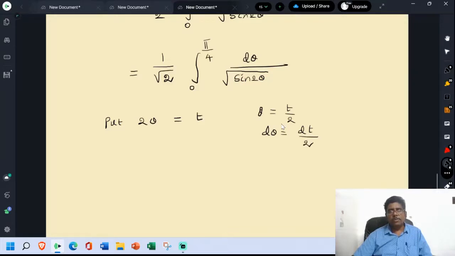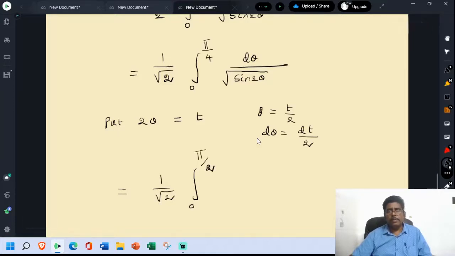If you express the quantities in terms of t equal to 2 times theta, therefore, 2 into pi by 4 is pi by 2. Upper limit is changed as pi by 2. Then, if you substitute these quantities, the integral becomes 1 by root 2, limit varying from 0 to pi by 2.